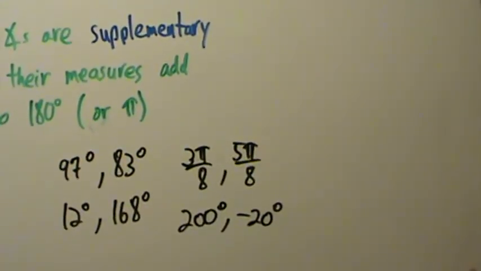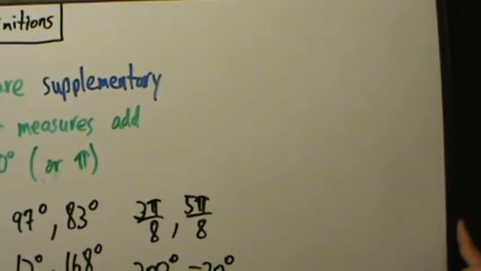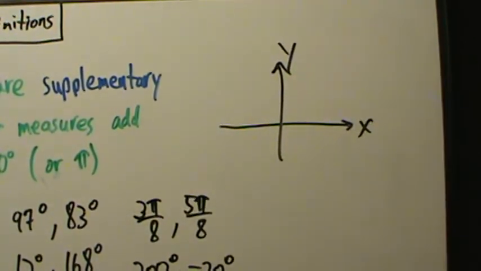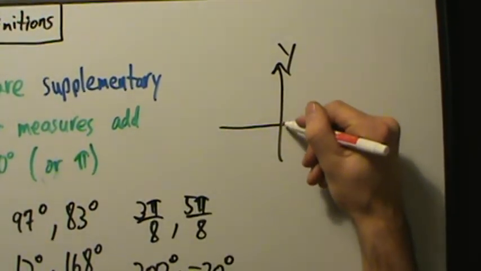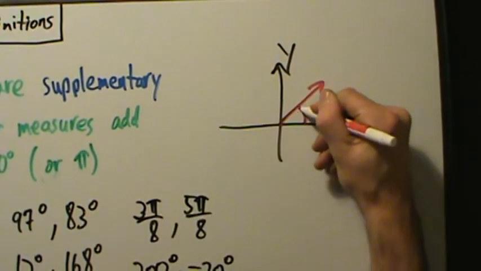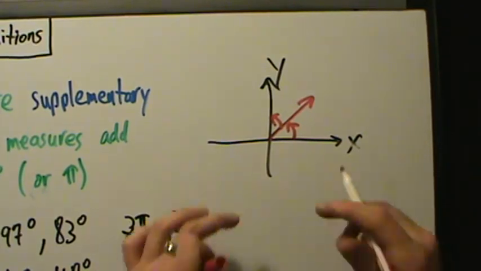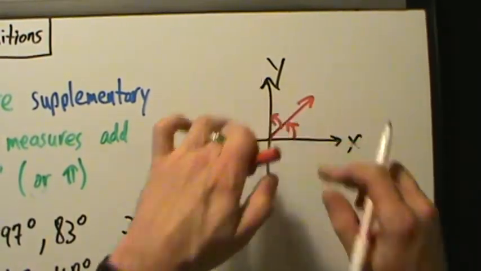Also, I just want to point out real quick, some people require that angles be adjacent to be complementary or supplementary. So for example, with the x-axis and y-axis, if we were to draw an angle up here, this angle and this angle would be complementary, but some people require that you have to have them be adjacent.